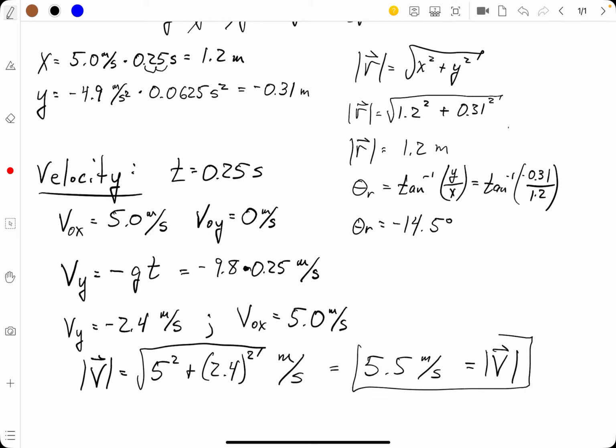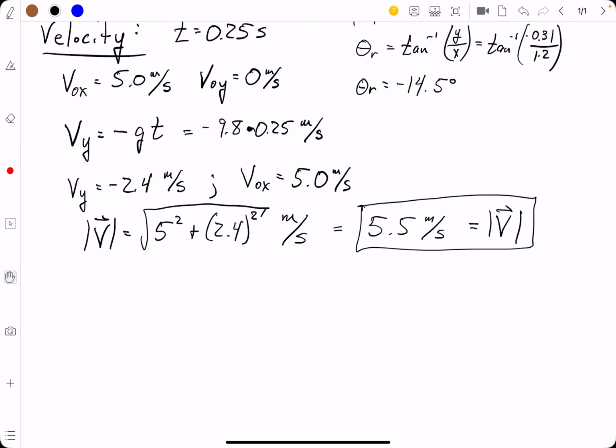We still need the direction, our theta v. So let's pop up here, give ourselves a little more room. Theta v is equal to the arctangent. Our 5 goes in the bottom, our 2.4 goes in the top. We do have to make our 2.4 negative, so we're going to end up with a negative, and it's roughly 26 degrees.